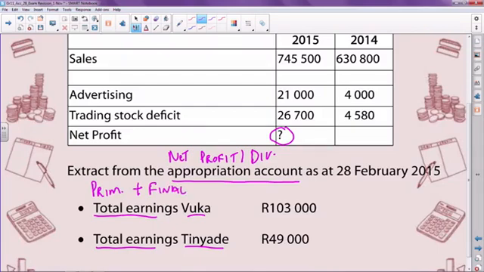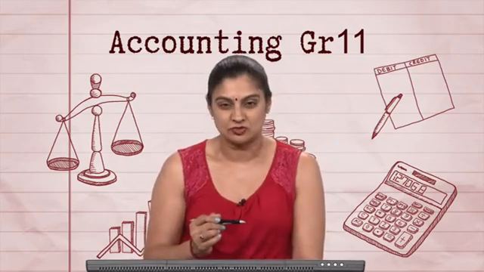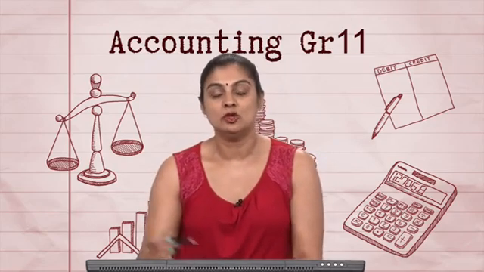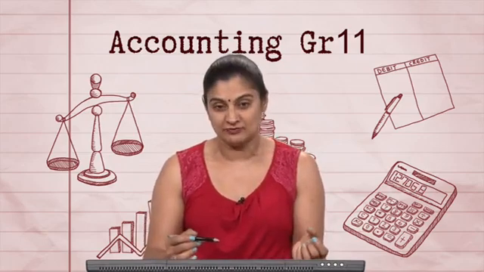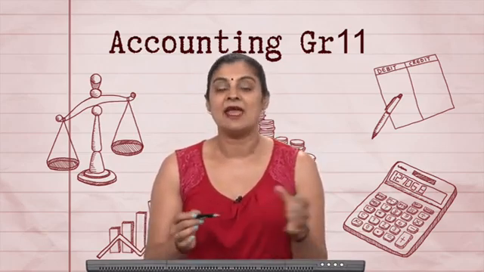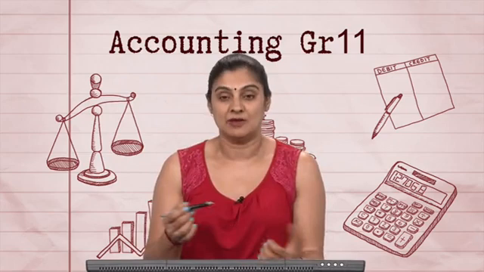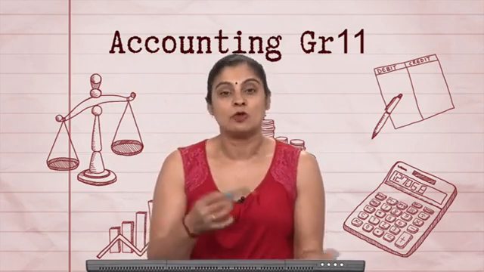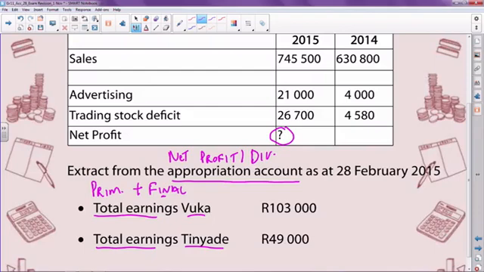Primary distribution of profit, here we're looking at salaries, interest on capital, the bonus that the partners were entitled to. That is classified as primary distribution. The final distribution looks at your remaining profits or remaining loss, and that is also divided amongst the partners according to the profit sharing ratio. So we are not given primary or final, but we're given the total.